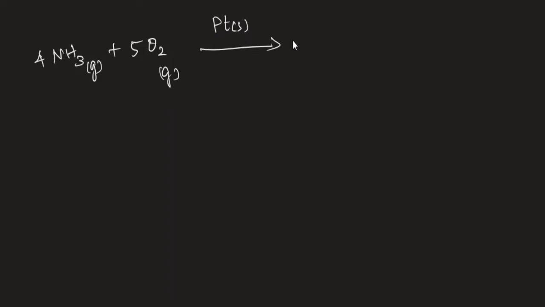Let me write a chemical reaction. You have to identify what type of catalysis. 4 moles of NH3 gas plus 5 moles of oxygen as gas, in presence of platinum in solid form, we get 4 moles of nitrogen oxide as gas plus 6 moles of water as vapor.